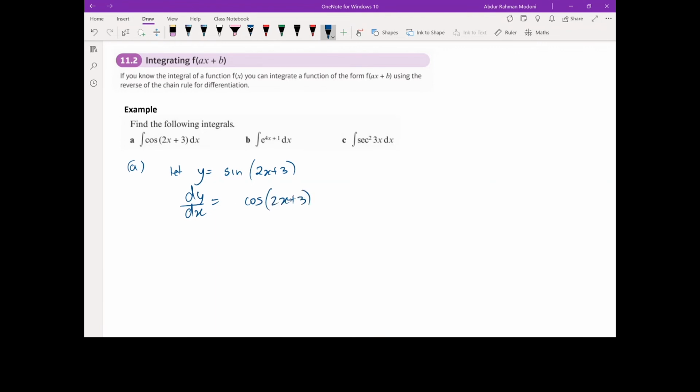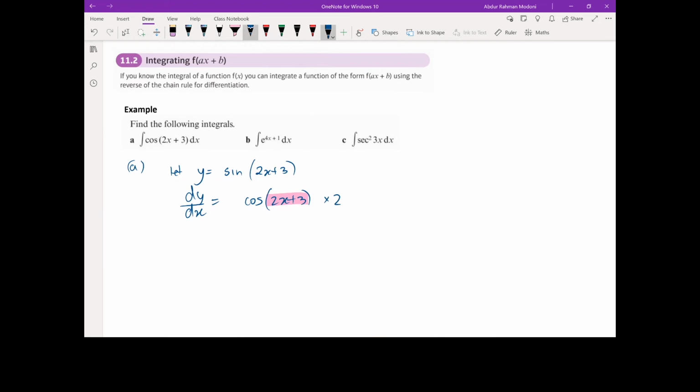And remember, we then multiply by the differentiation of the inner function, 2x + 3. The differentiation of that is 2, so we multiply by 2. So differentiating y = sin(2x + 3) gets us to this.